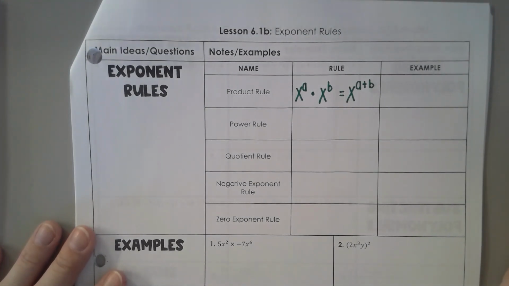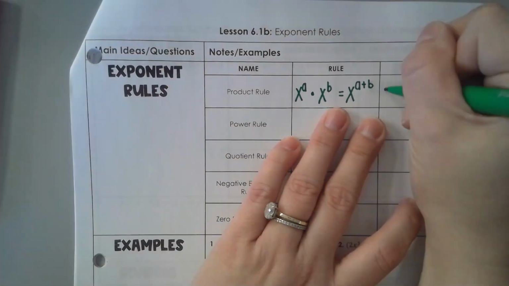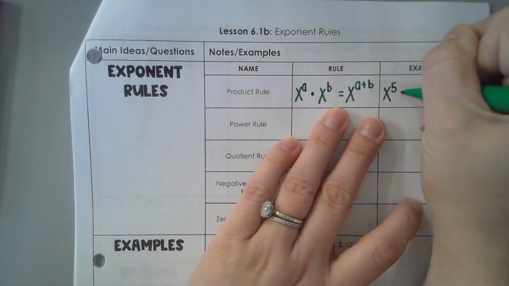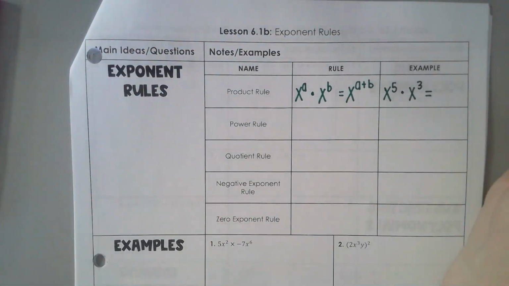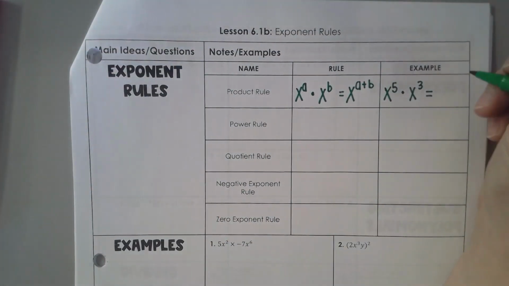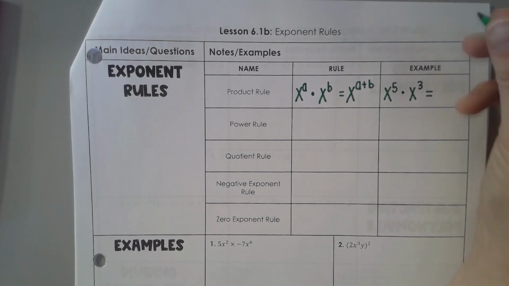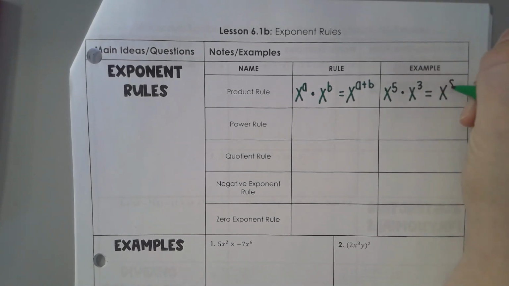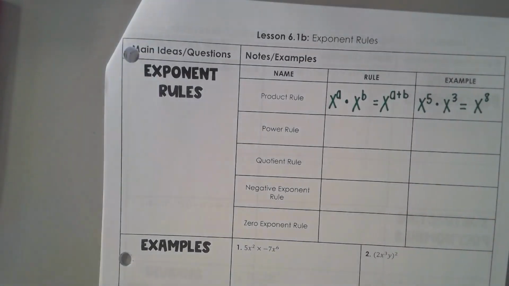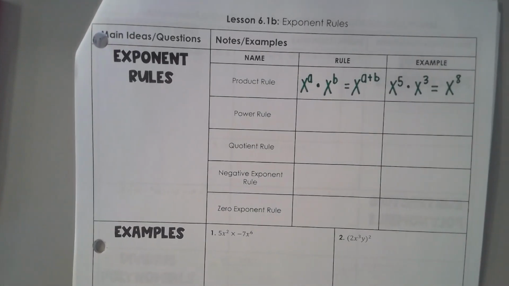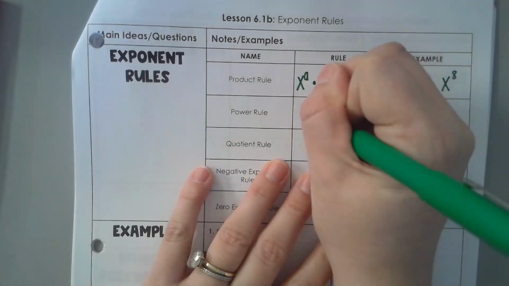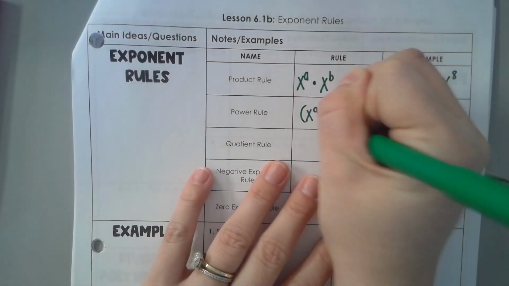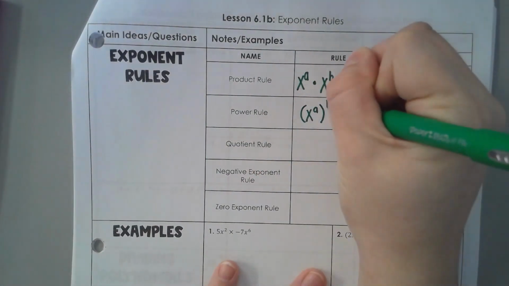So as an example, if I have x to the 5th times x cubed, that's going to be x to the 8th. The power rule, x to the a power raised to the b power.